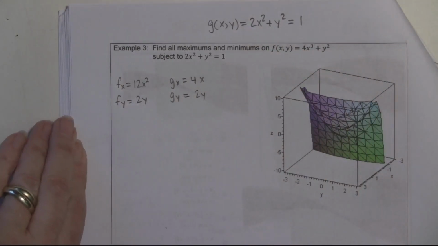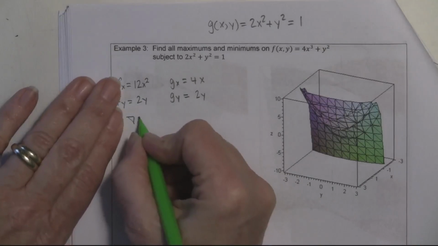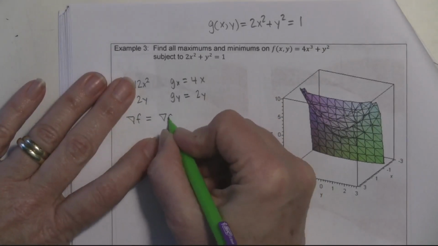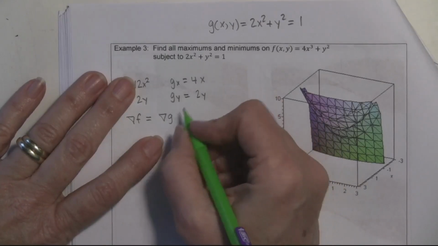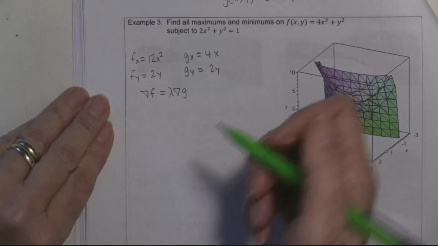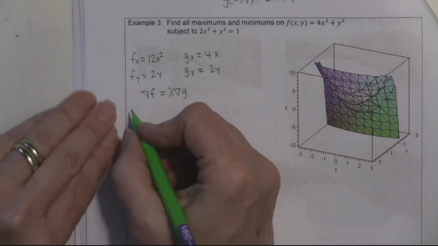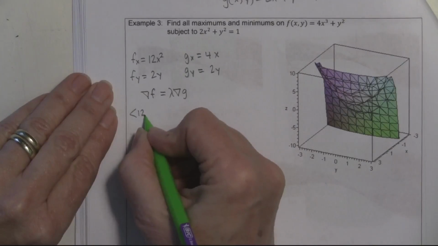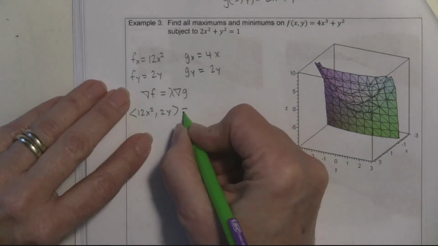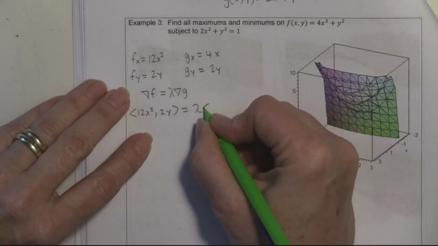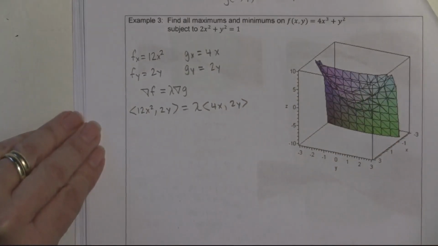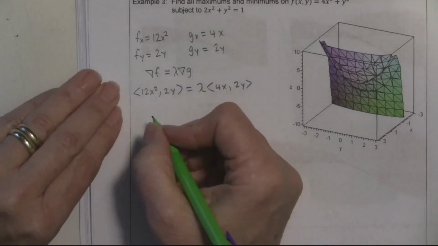And then we want to come up with the equations that satisfy that our gradients are scalar multiples of one another. I forgot my lambda in there, but there's my lambda for my scalar multiples of one another. So I'm actually trying to solve this: 12x squared, 2y, that's my gradient, equals lambda times the gradient of g, 4x, 2y. And so I'm going to come up with equations.